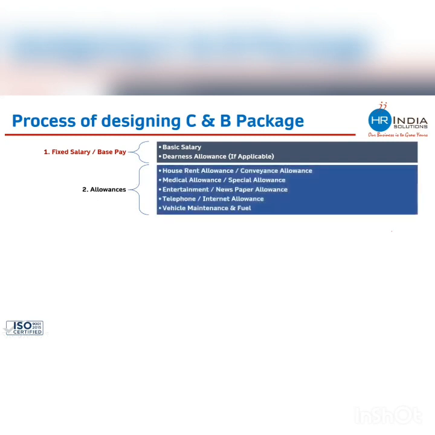What are the allowances? There are n number of allowances that you can pick for the employees. These are house rent allowance, conveyance allowance, medical special allowance, entertainment allowance, newspaper allowance, telephone and internet allowance, vehicle maintenance, and fuel allowance. Depending upon the employee's expenses, you can pick specific types of allowances.